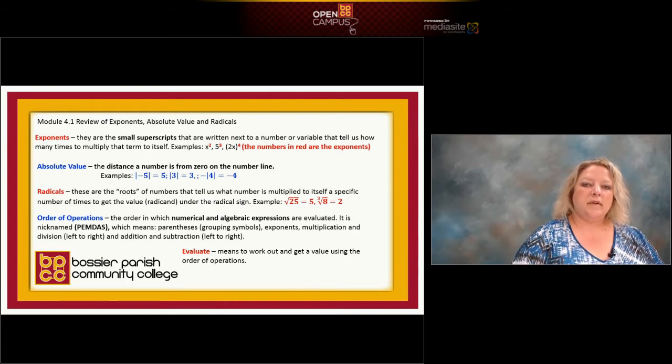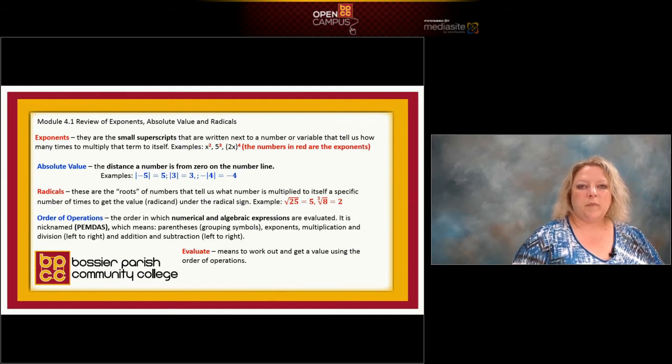I've given you a couple of examples, and the only way in the last example that the answer is negative is when the negative is on the outside of the absolute value bars, because absolute value bars are treated as grouping symbols just like parentheses. So when you have a negative sign on the outside, it means, hey, I'm a -1, distribute me to whatever the answer is that you get from the inside.